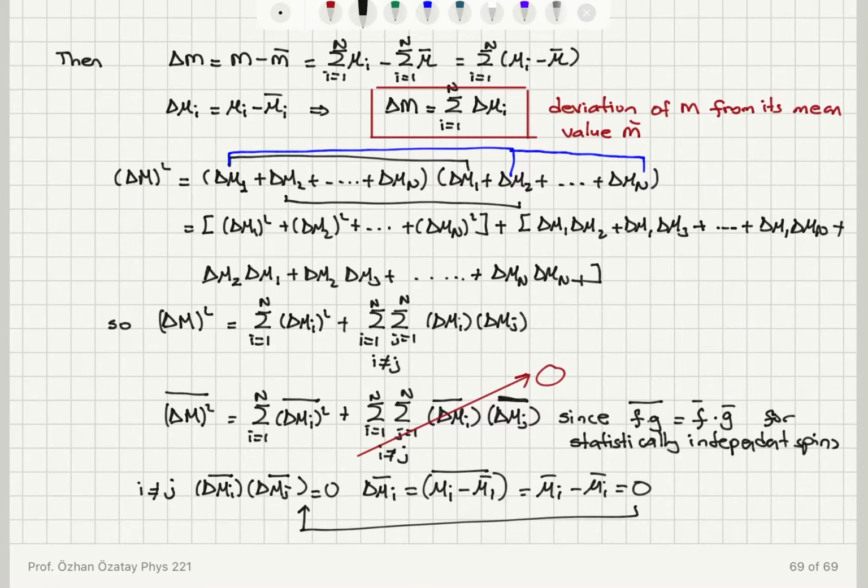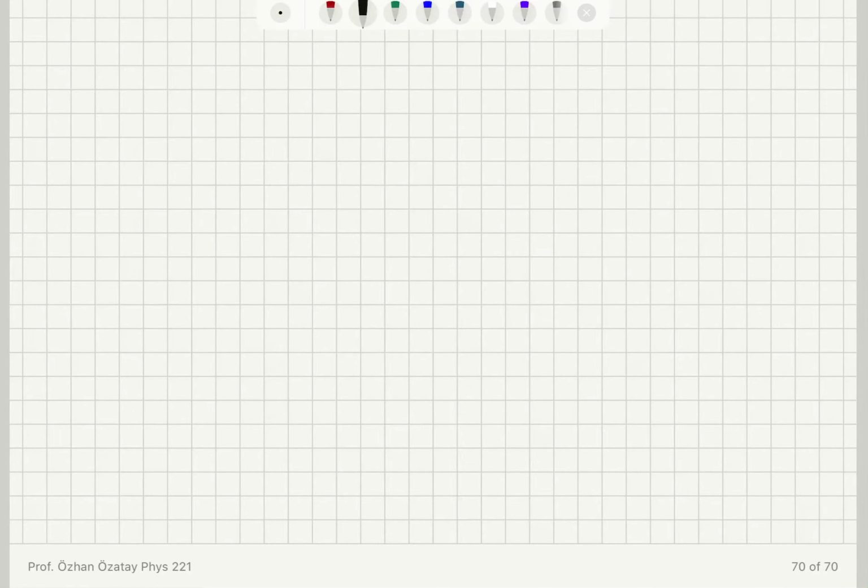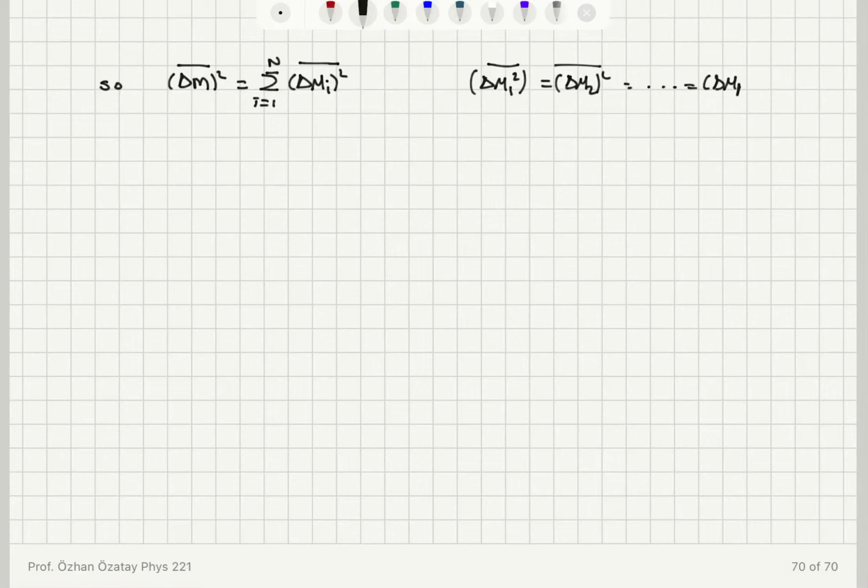Now I continue with the remaining part of this equation. So for delta m square average, the dispersion of the total magnetic moment is given by the summation i equals 1 to n of delta mu i square bar. And delta mu 1 square bar will be equal to delta mu 2 square bar will be equal to delta mu n square bar.